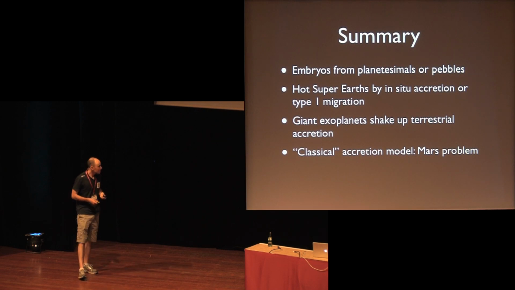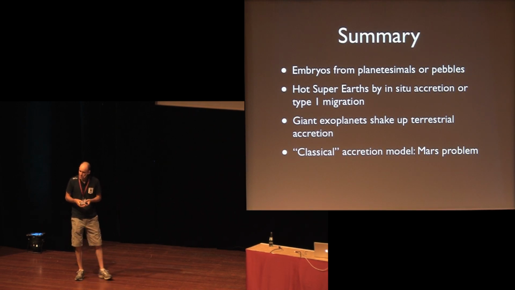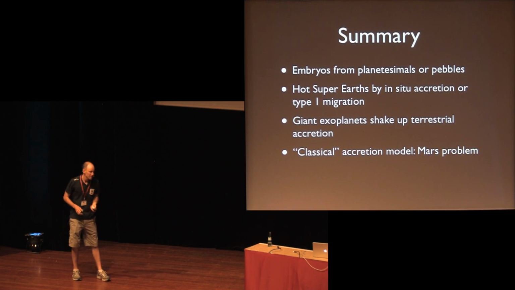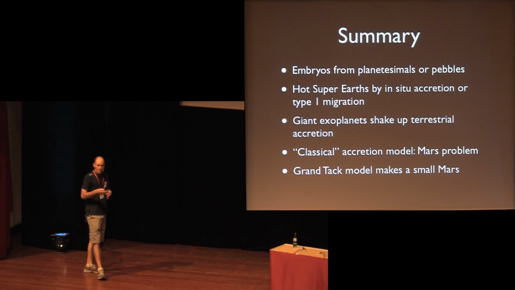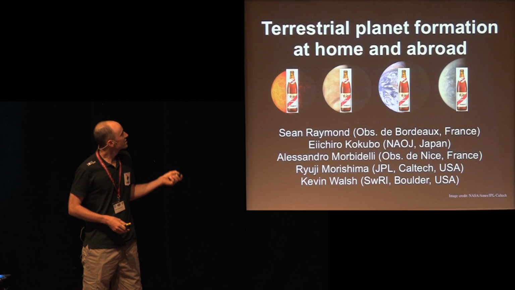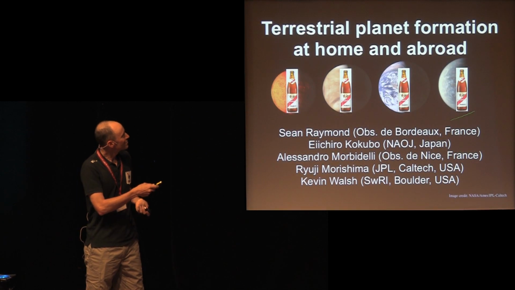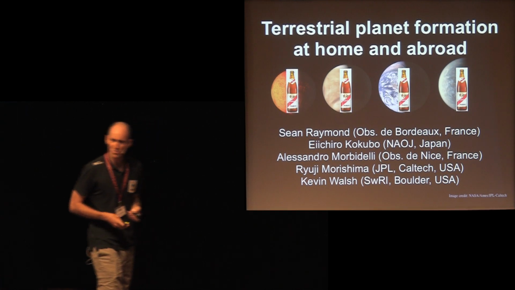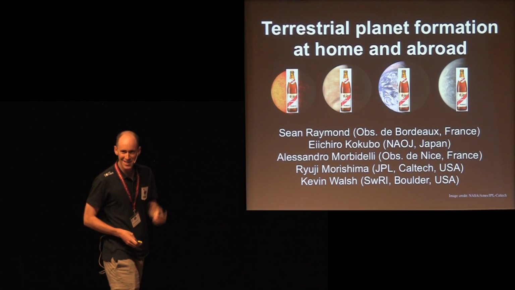The classical accretion models for the solar system have this really strong Mars problem, or self-consistency problem, if you don't like the other initial conditions. And the Grand Tack model naturally produces a small Mars, which is nice. I'll stop there. Okay, thank you very much.